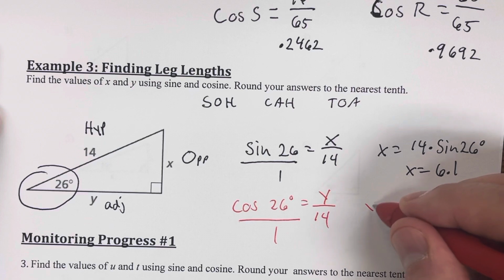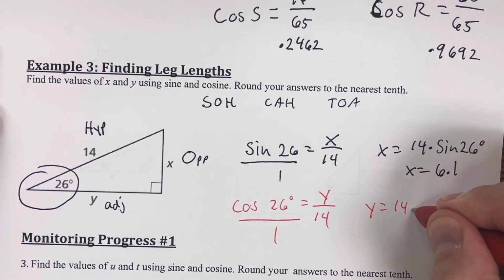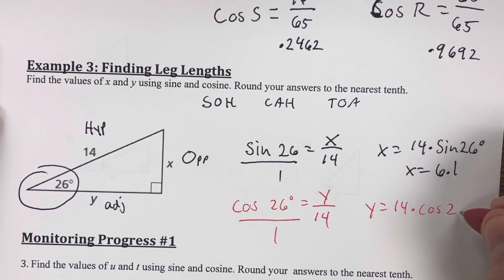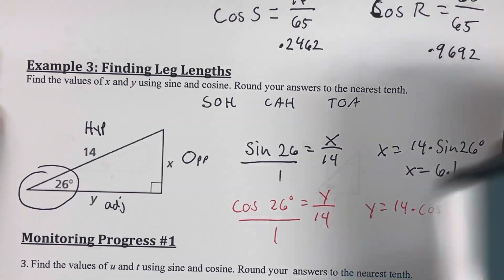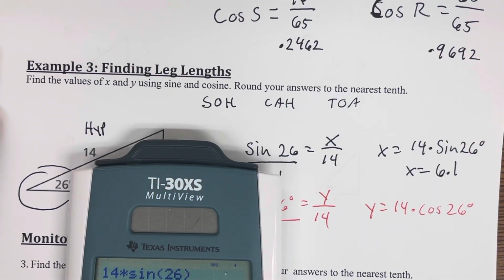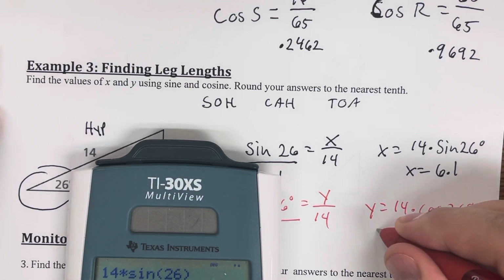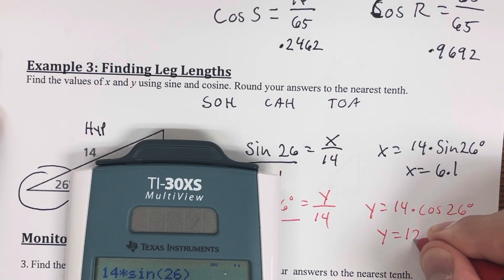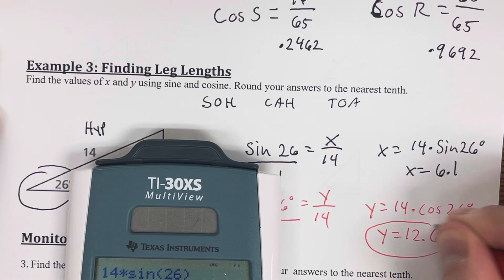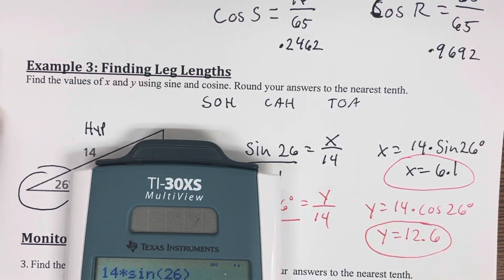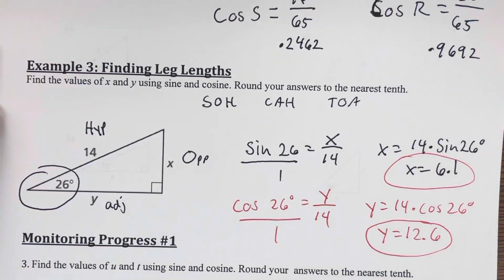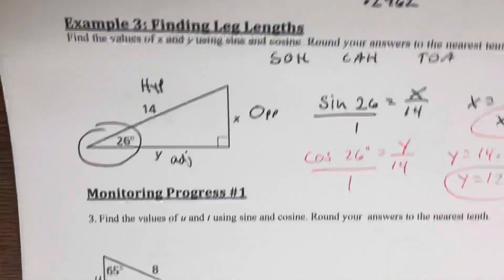So Y equals 14 times the cosine of 26 degrees. Then I need my calculator. 14 cosine 26. Y is equal to 12.6, rounded to the tenth. And we found our two values. All right, on to the next one.